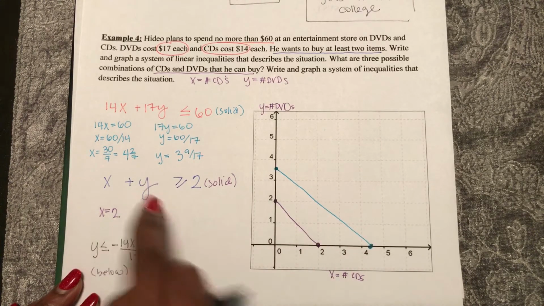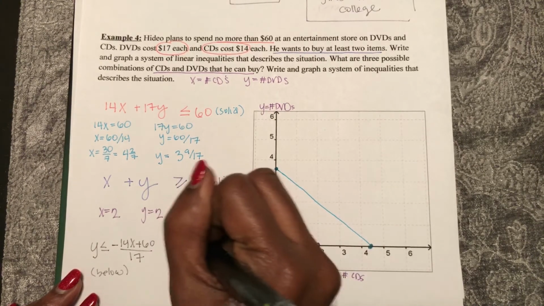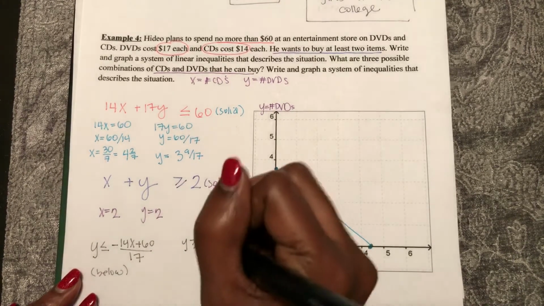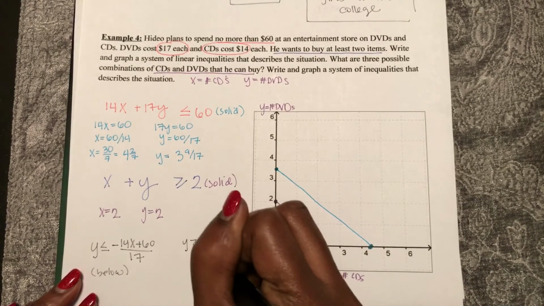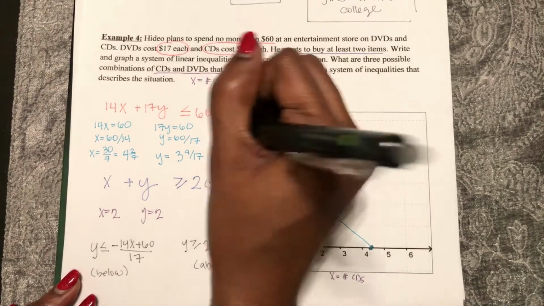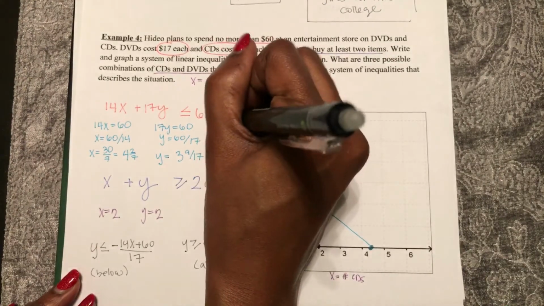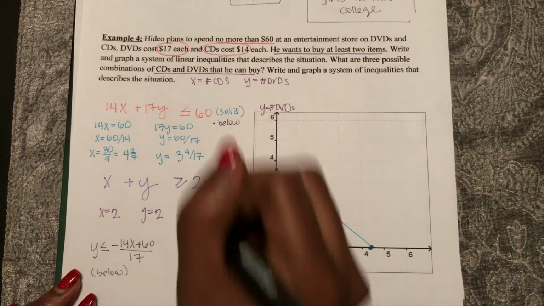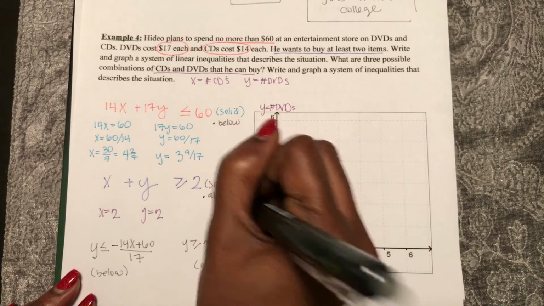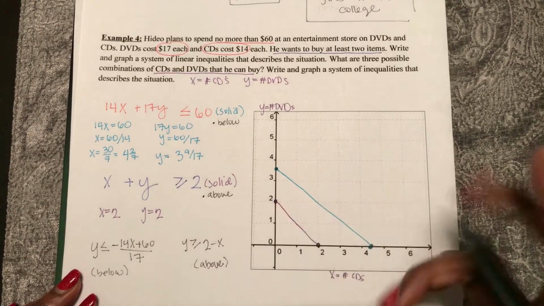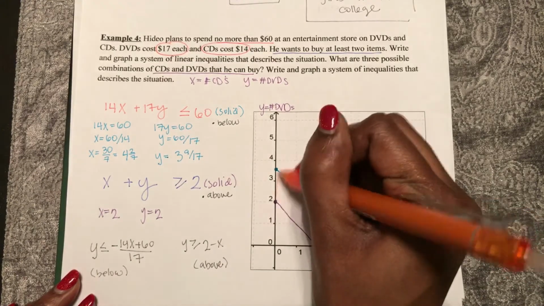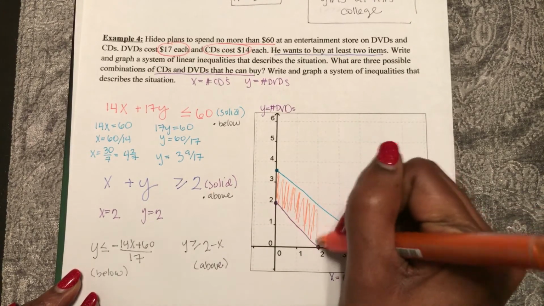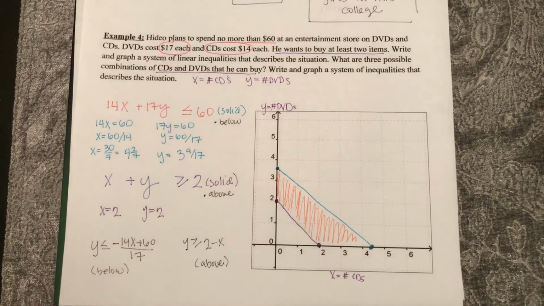And then for this one, if I solve it, I get y is greater than or equal to 2 minus x. So I want to shade above this line. So I want to shade below this line, and I want to shade above this line. So below and above would be, let me do it in a different color, everything in between these two lines.